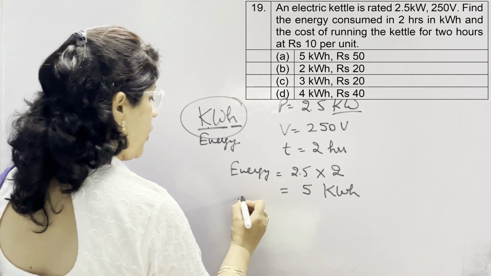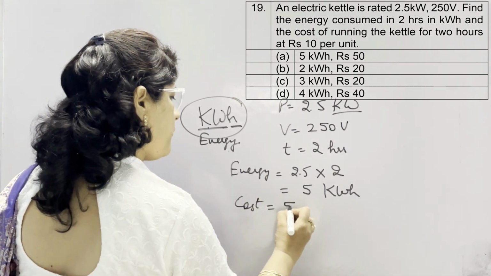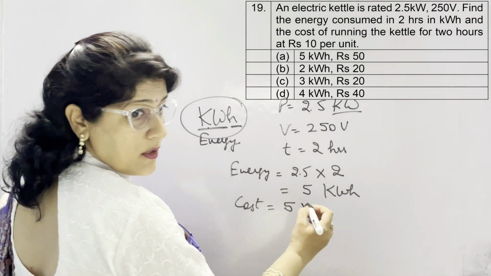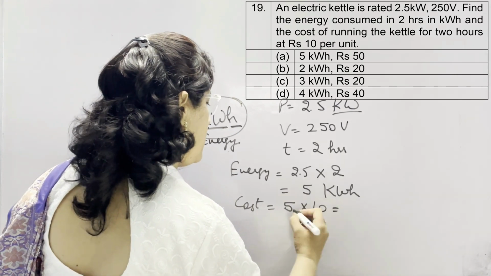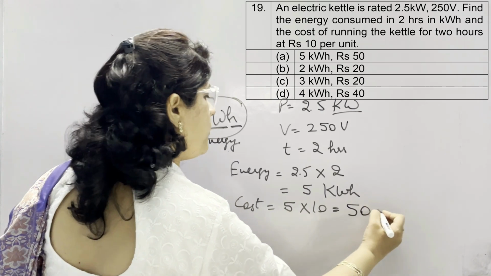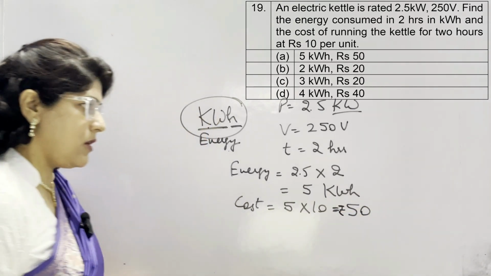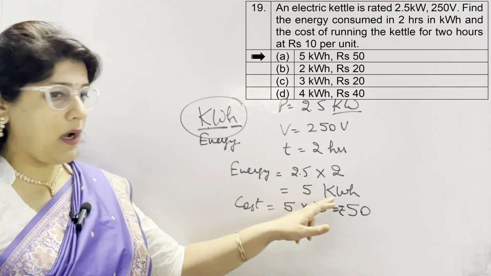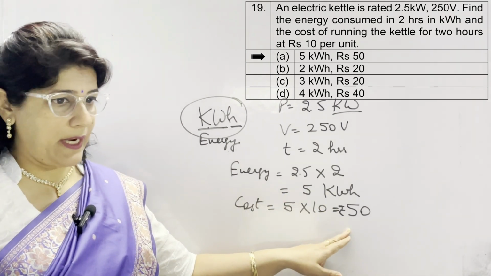So cost of this is 5 kilowatt hour is the units used and then 10 rupees is the cost of it. It means 50 rupees. 50 rupees is the cost of running this kettle. Option A is 5 kilowatt hour and rupees 50, which is our correct option.